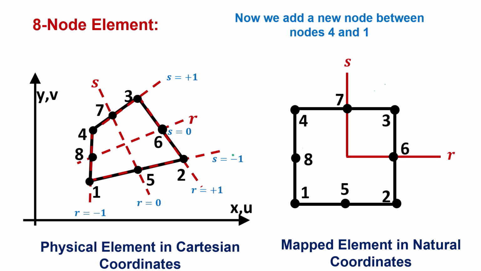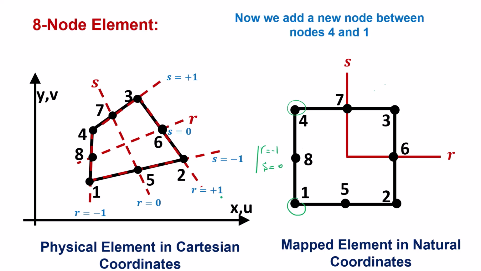This time we add one more node between nodes 4 and 1, right at the midpoint of the left edge. On the left, you see the physical element in Cartesian coordinates, and on the right, the mapped version in natural coordinates. Node 8 lies exactly at r equal to -1 and s equal to 0.